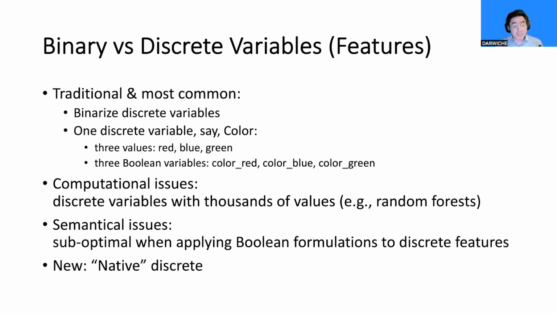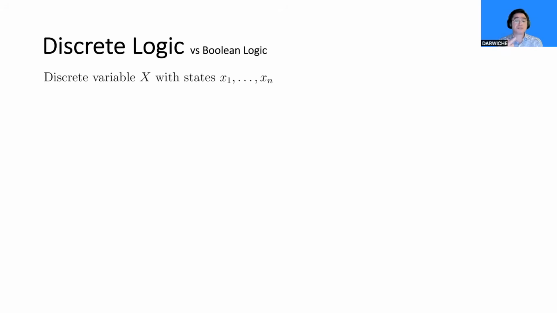So as I said, we will be working with native discrete, and what this means is we will be using discrete logic as opposed to Boolean logic. So what's going on with this logic? The main difference with Boolean logic is the variables here are assumed to have a finite number of values, not necessarily true and false.